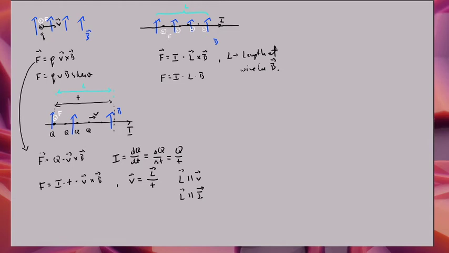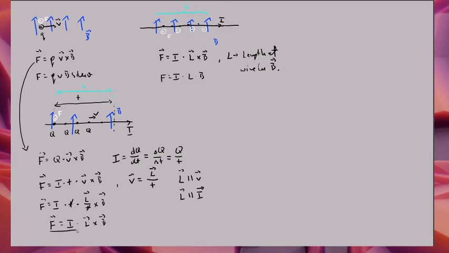So then what I get out of this is that the force equals I, the magnitude of the current, times T, the time it will take for the charge to flow through the magnetic field, times V, but V is going to be replaced with L over T, crossed with the magnetic field, and now T nicely cancels out, and I have the equation I wanted. So F equals I times L cross B.